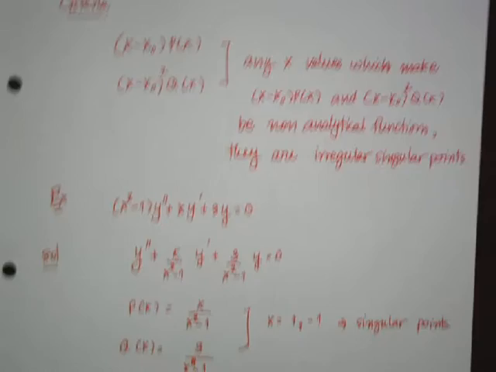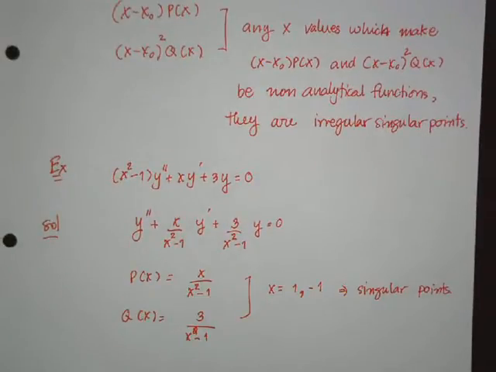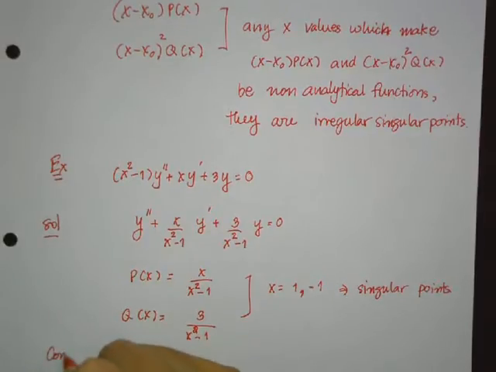So the next thing that we have to do is tell whether x equal to 1 is a regular singular point or irregular singular point, and do the same for x equal to minus 1. So let's consider x equal to 1 first.